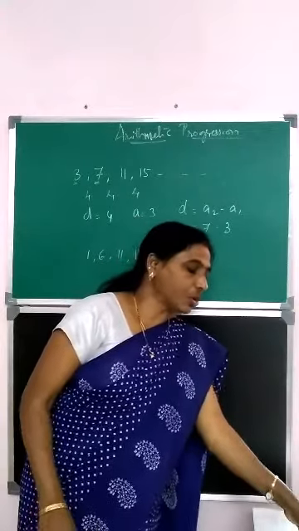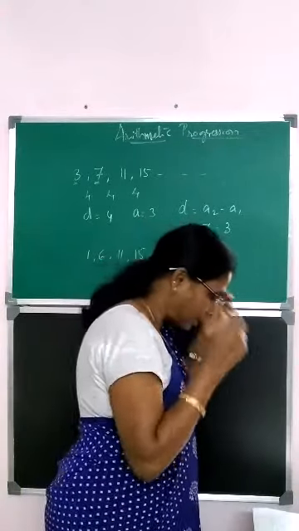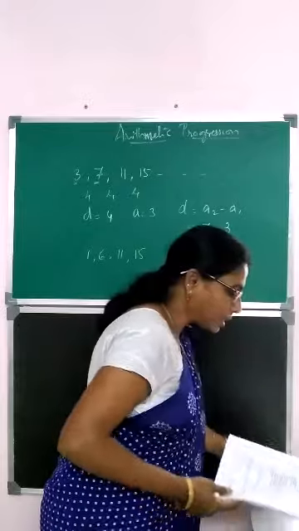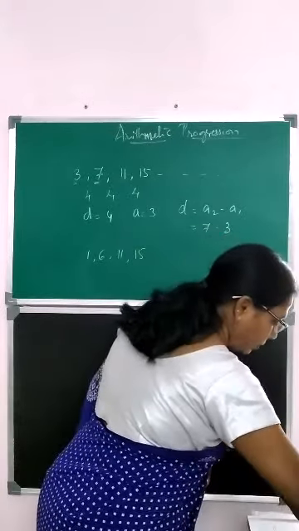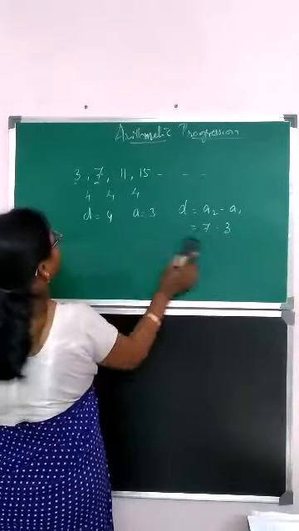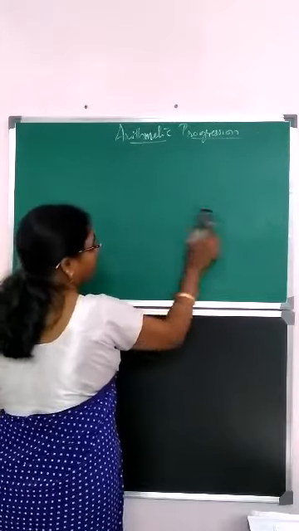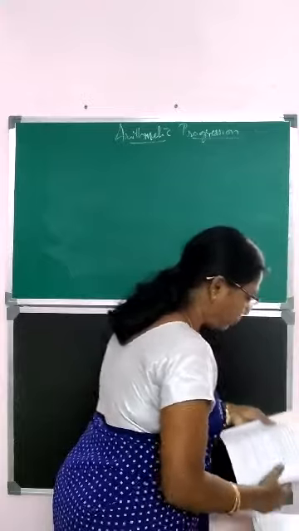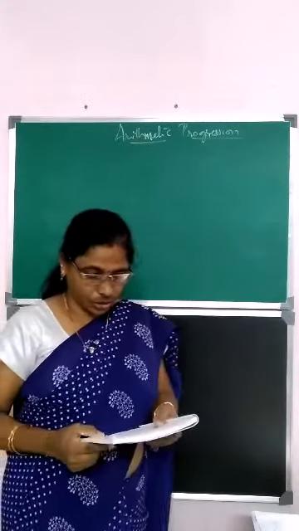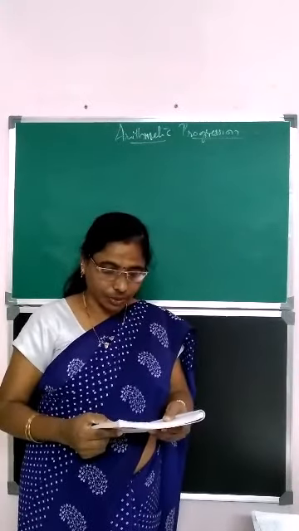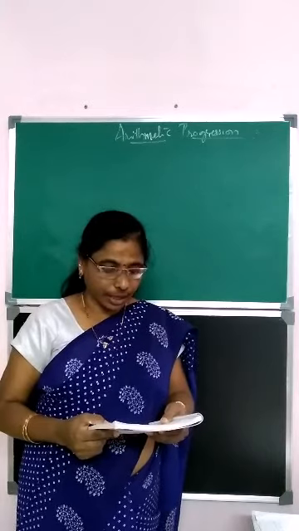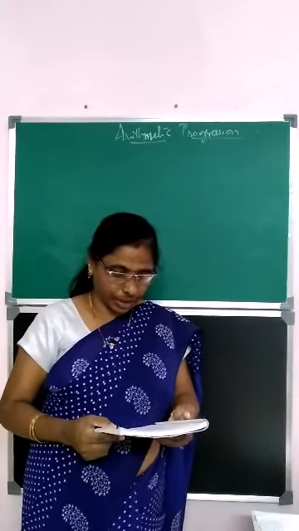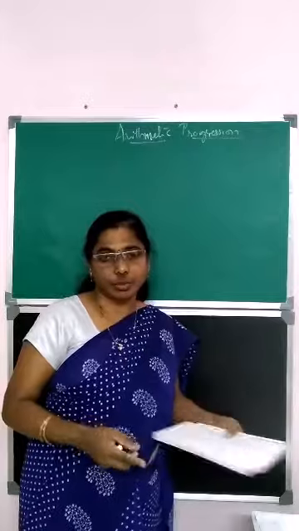I'll just solve some problems from exercise 1.1. Starting from the first one here: in each of the following situations, does the list of numbers involved make an arithmetic progression, and why? There are 4 problems. I'll write them on the board and explain.